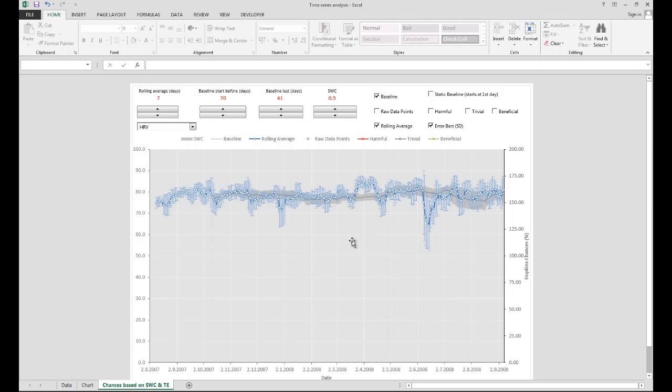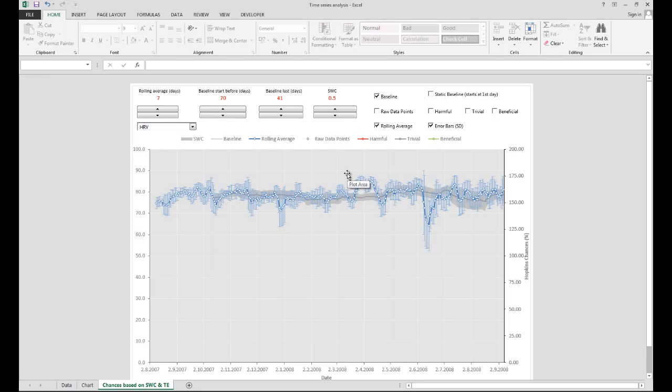In this case, below is harmful. Within the smallest worthwhile change is trivial, so it's not a big deal, and above is beneficial. I created VBA code to do that.